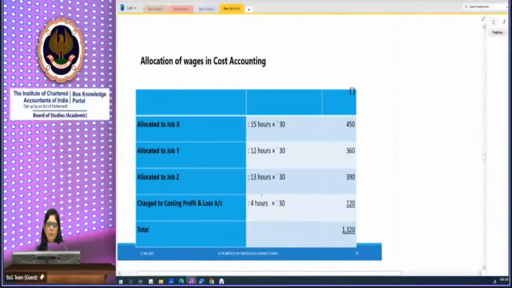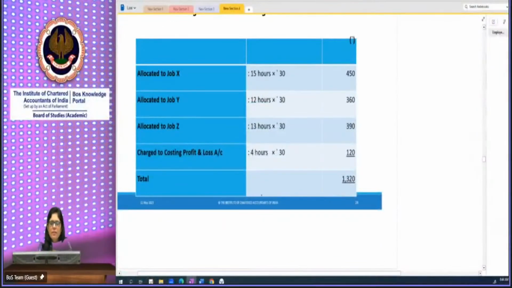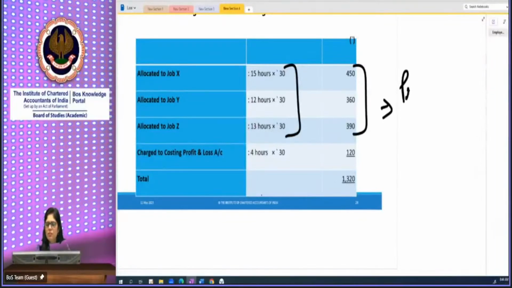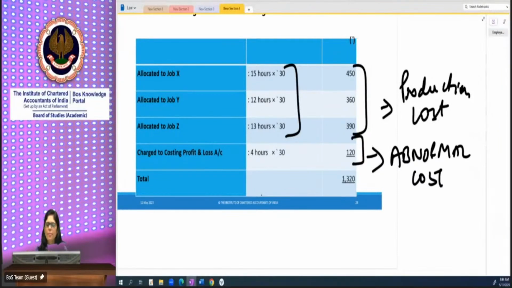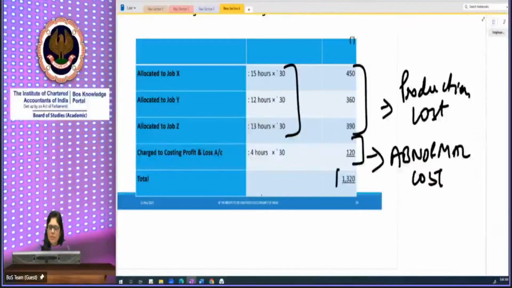And okay, this is the allocation like we have done. So all the 3 jobs. So this is a part of the total production cost. So this is part of production cost, the labor cost. And this is the part of abnormal cost. Will go to profit or loss account. All right. So the total wages are 1320 apportioned accordingly.